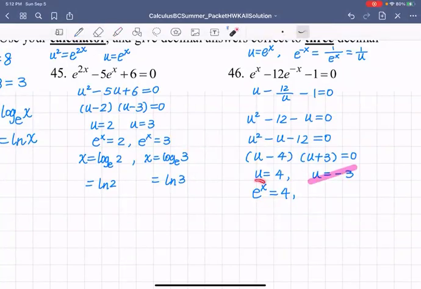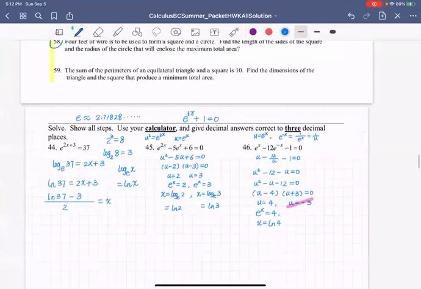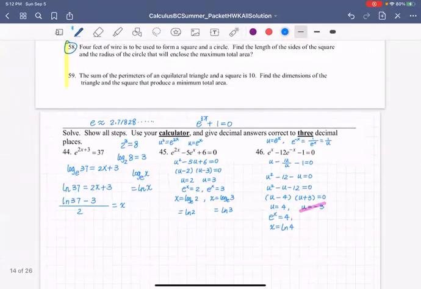From here, x equals ln 4. Good. That's it. Okay.